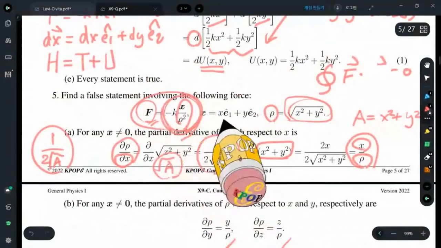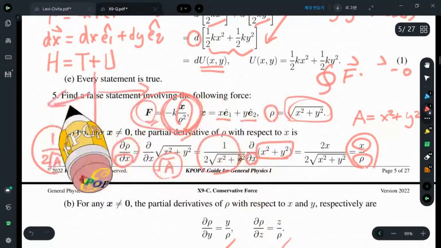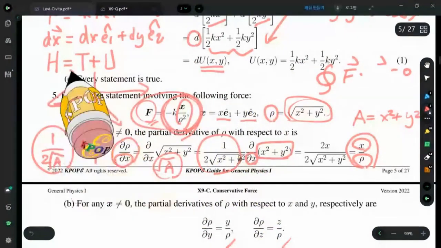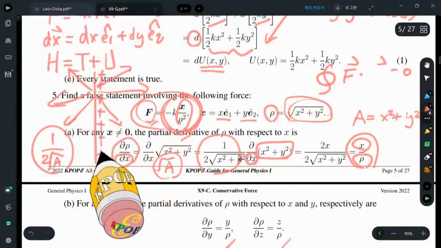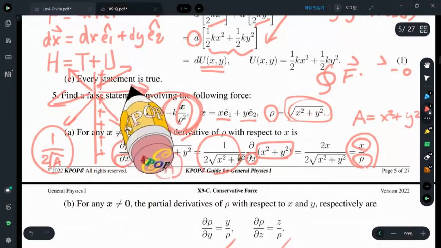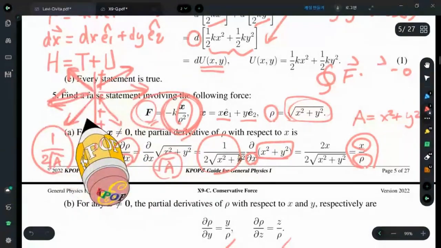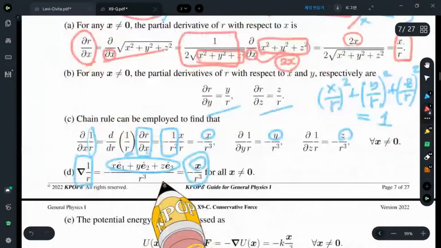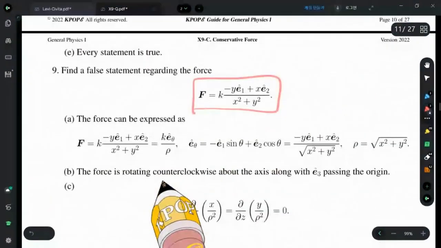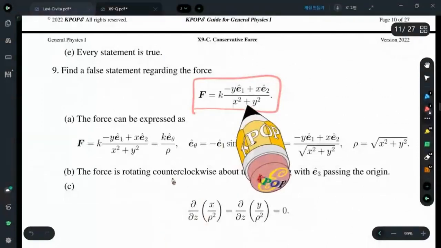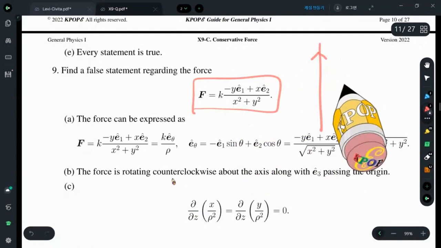Very similar to this, that is radial. This is the case when the charge is distributed along a straight wire, then the electric field is radiating along this direction. However, this problem is not radiating. This problem is actually the magnetic field.